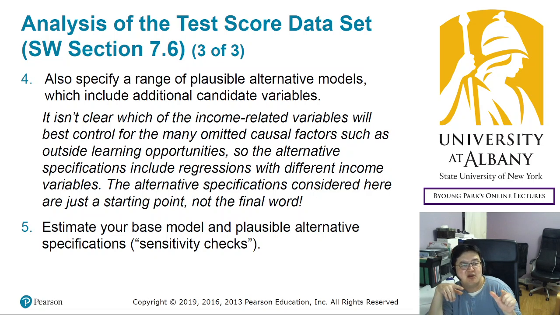So if you use both variables at the same time, then the results may suffer from a multicollinearity problem. Then you have to drop one of them, but which one to drop? You have to try both cases and see which is better.